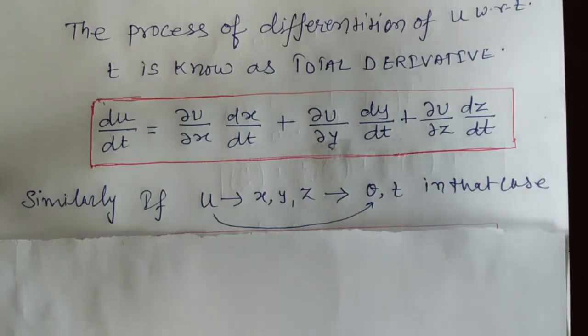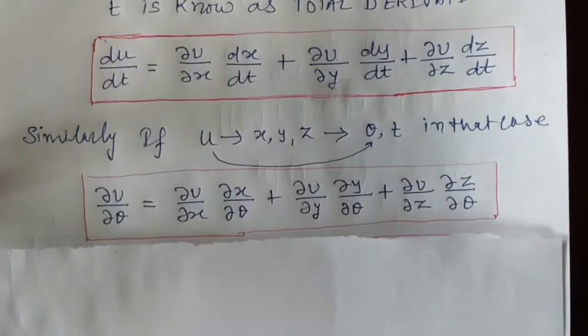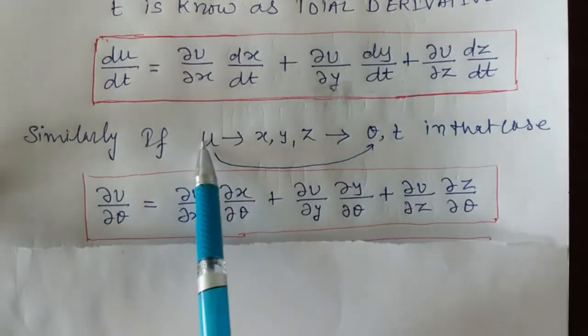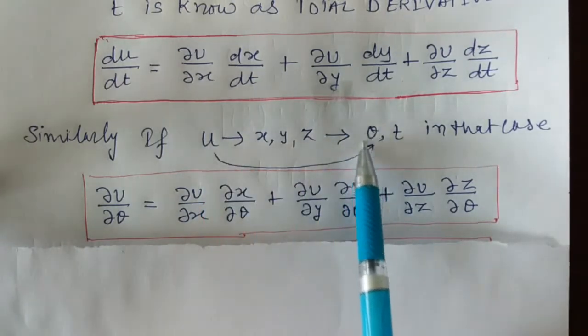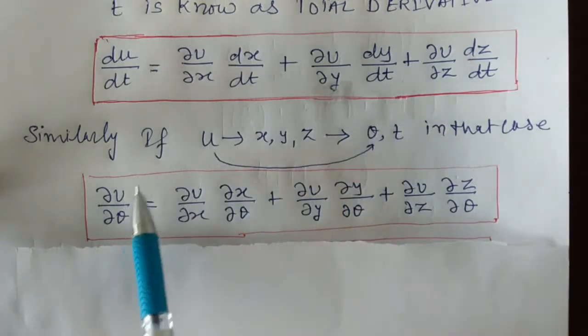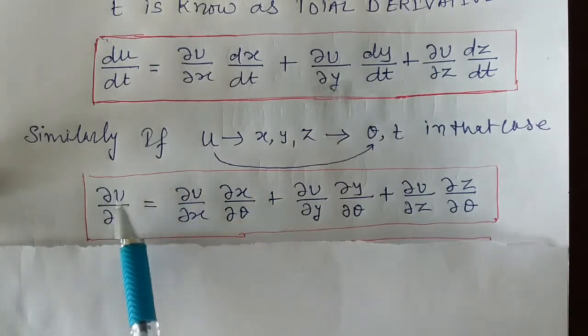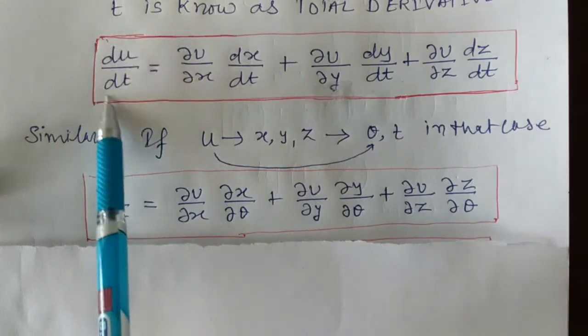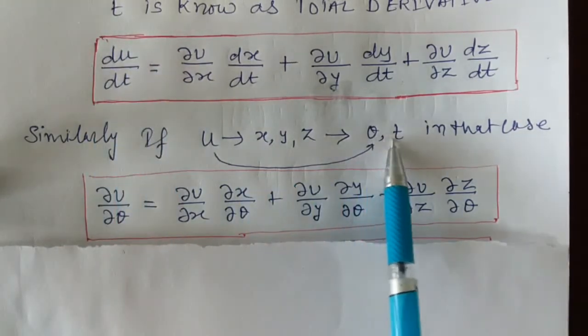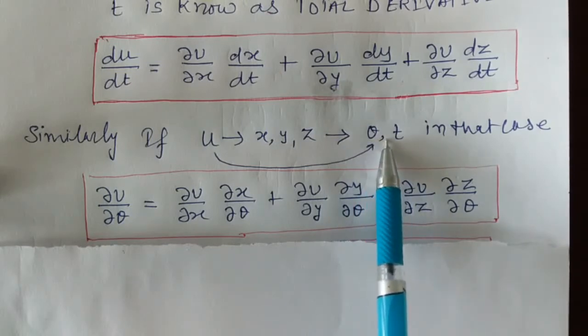So in this case, the process of total differentiation becomes: del u by del theta, the partial differentiation of u with respect to theta. Here we have a single independent variable t, so we write du by dt.